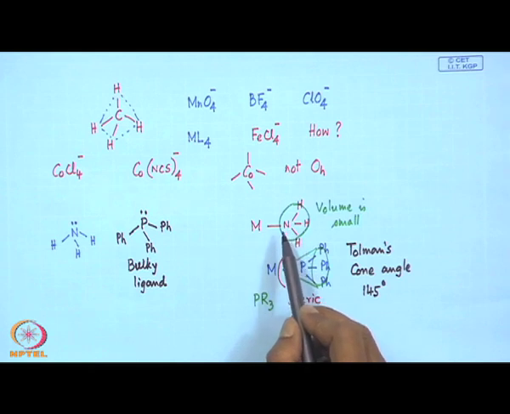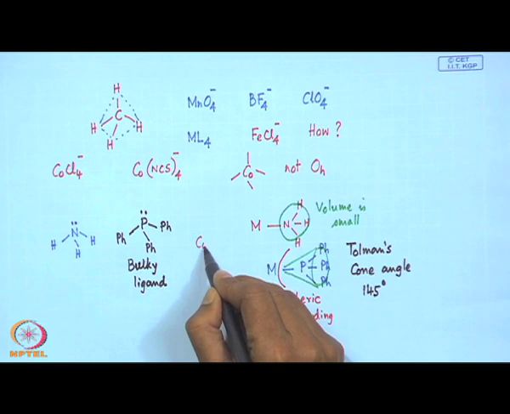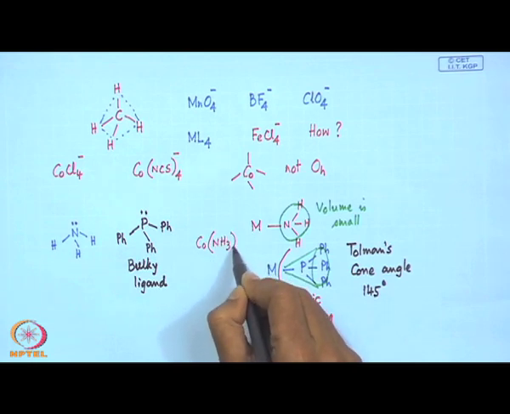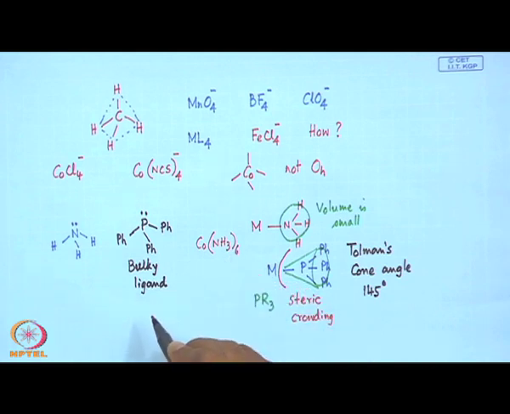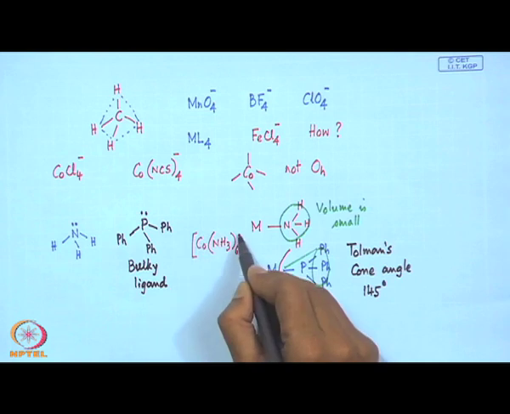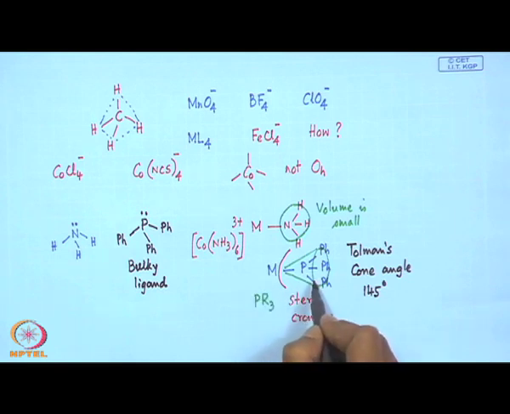So, ammonia does not have that much restriction, and as a result we can accommodate 6 ammonia molecules around the cobaltic ion, that means trivalent cobalt, which is not possible with phosphine.